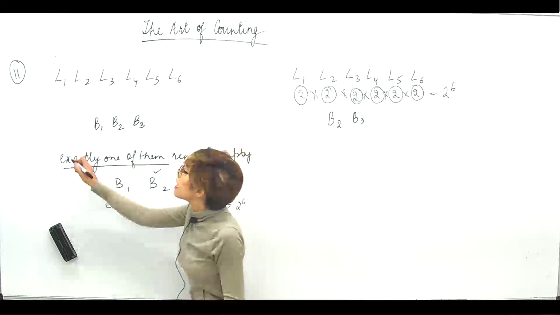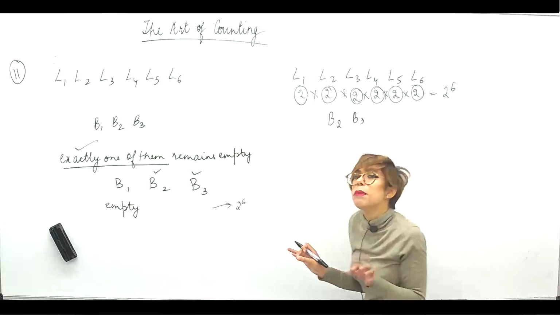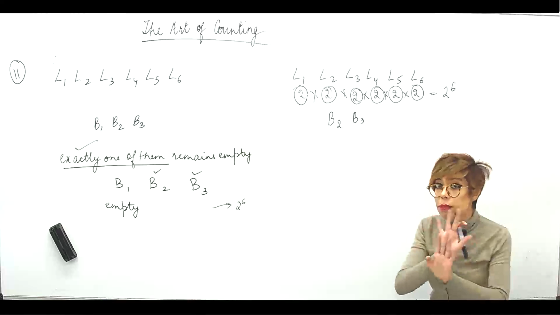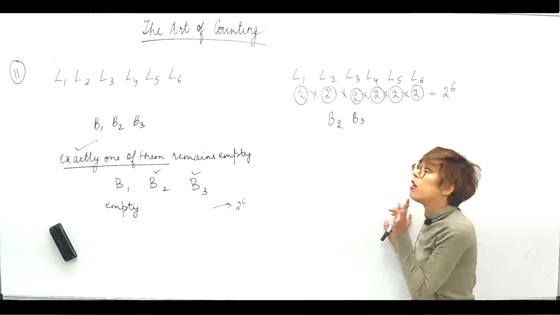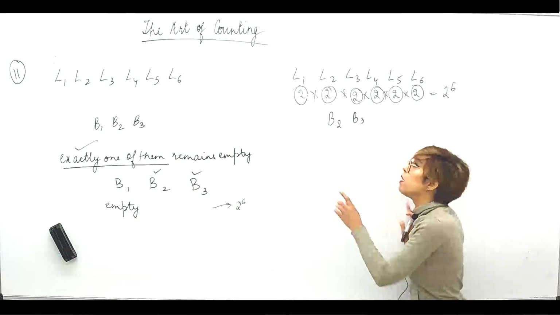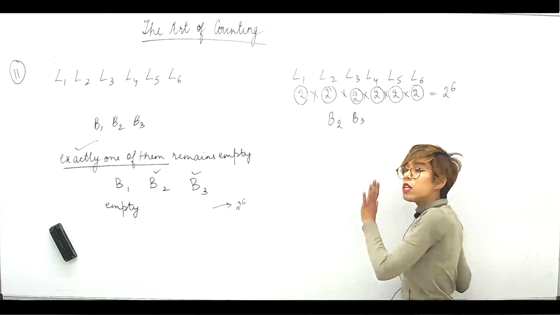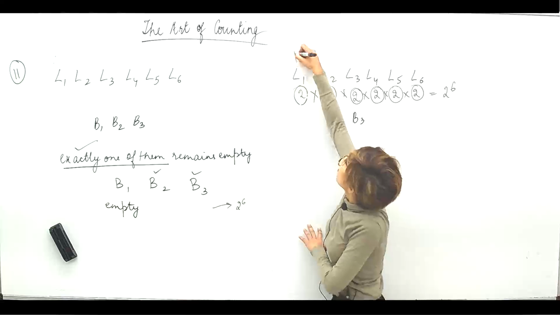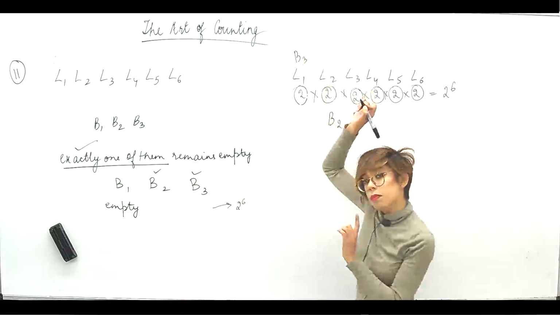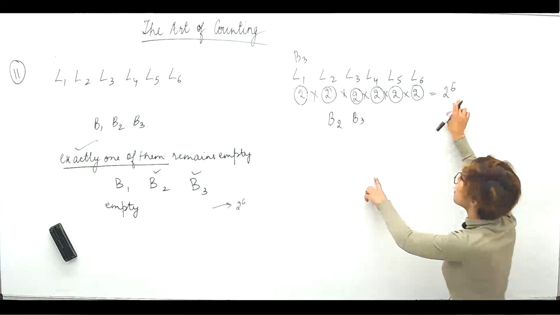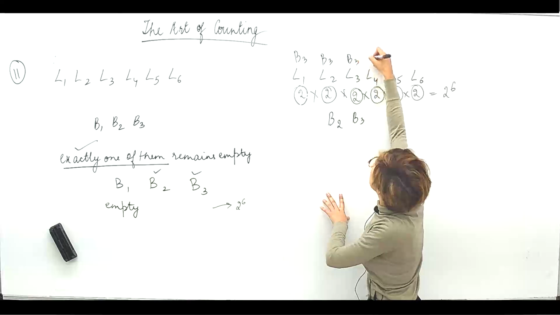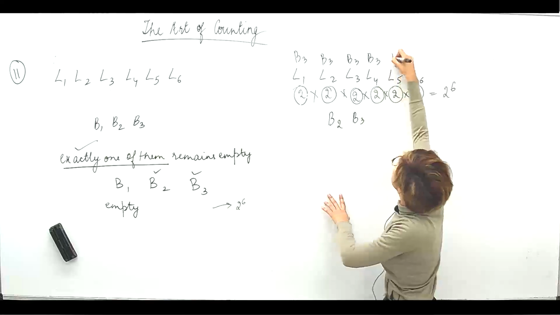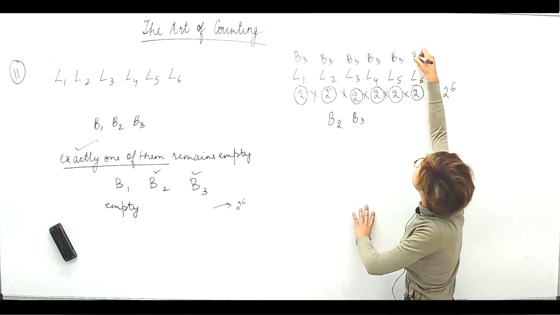There is a tiny bit of a problem with that. The condition is exactly one of them has to be empty. Two of them cannot be empty. Now in this case, when we count this, there is one case where, because it has 2 possibilities, L1 has gone into B3, L2 has gone into B3 again, L3, B3 again, L4, B3 again, L5, B3 again, L6, B3 again.